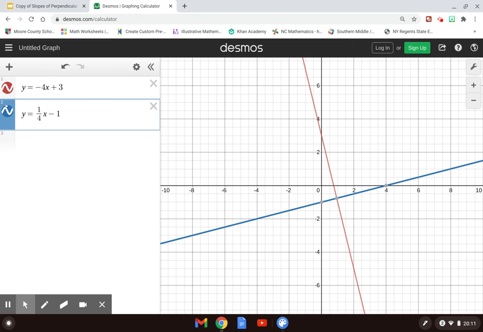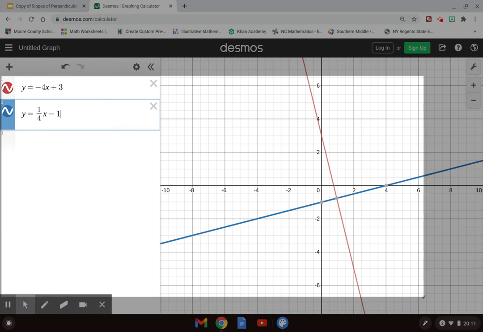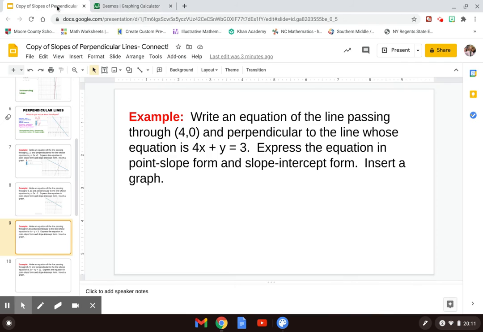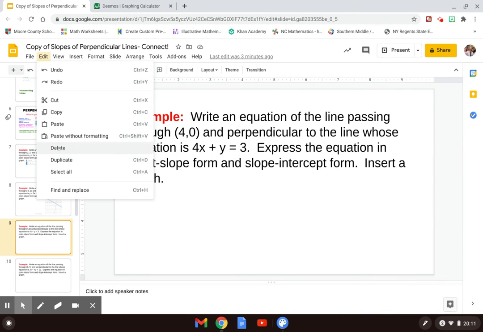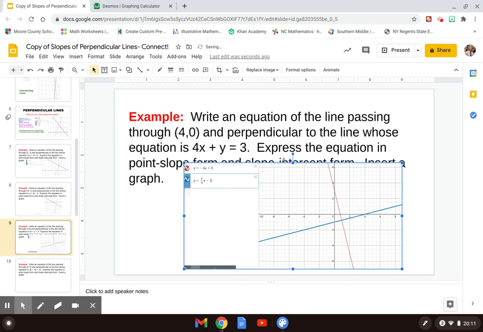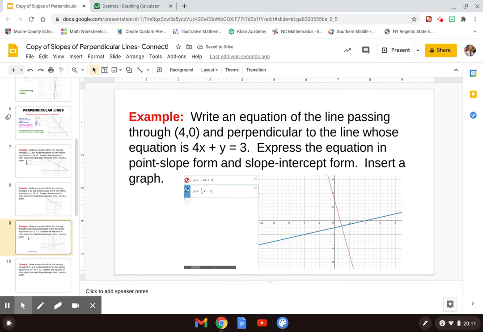So there's the equation of the line that passes through (4, 0). All right, so there we go.